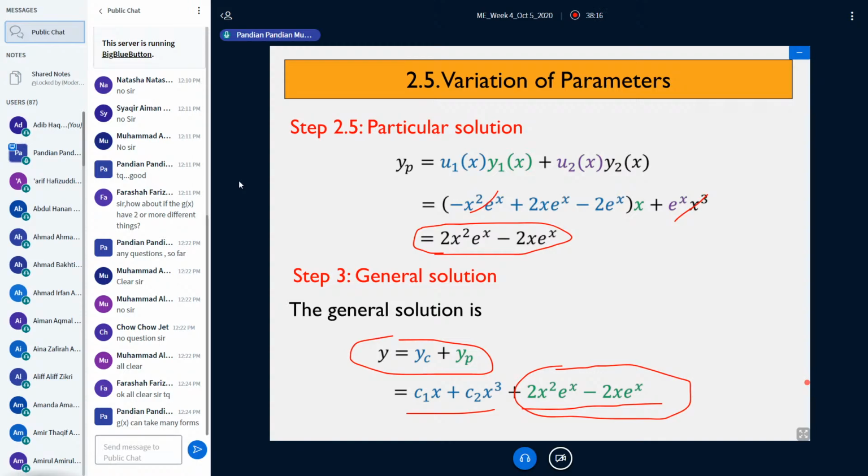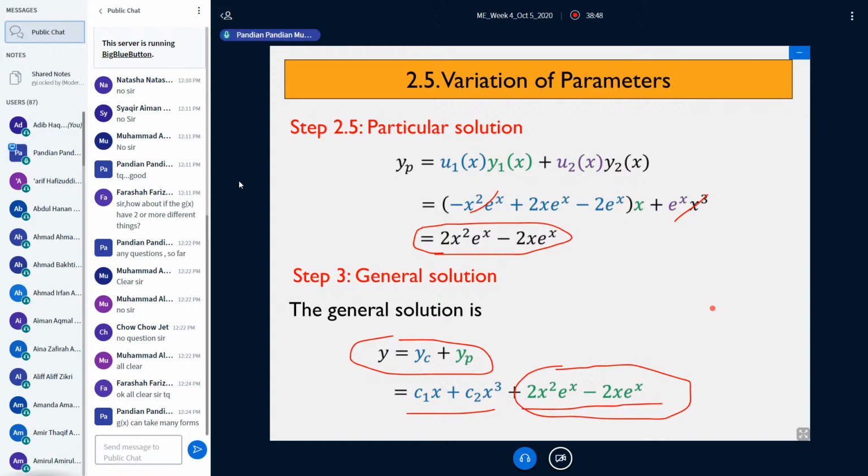It is not guaranteed that for every problem, variation of parameters will work. We cannot say this method is a very good method. We never know, so we can try. If you can find the solution, then you can proceed. But if you cannot, then you have to switch to the undetermined coefficients method.